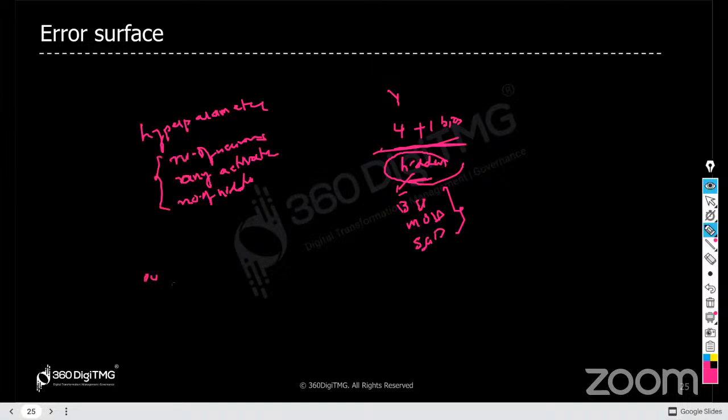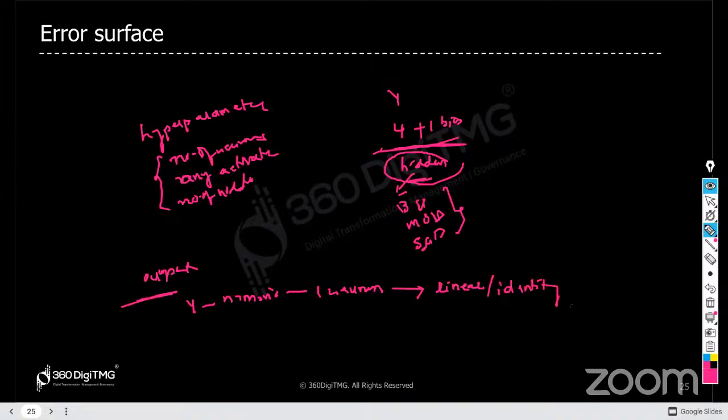Within the output layer, how many neurons and which activation function are defined? If your output variable is numeric, then you will have a single neuron, and when it comes to the activation function, it is either linear function or identity function.